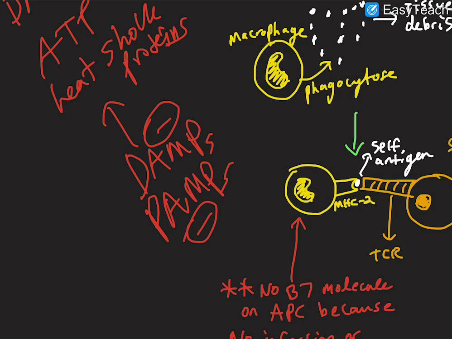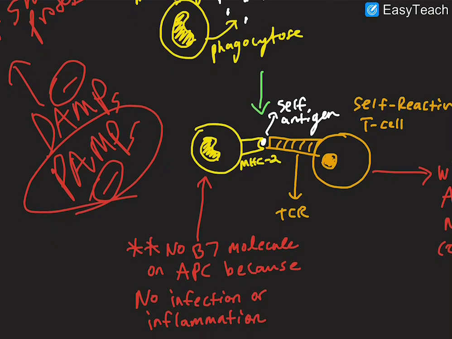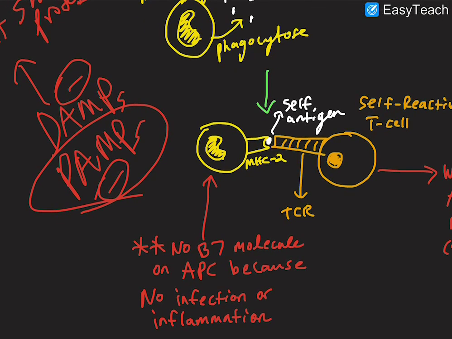If you had something like a gram-negative bacteria, we would see lipopolysaccharides. That would be another example of pathogen-associated molecular patterns that can activate your antigen-presenting cells like your macrophages and dendritic cells. But those are not present here because there's normal tissue turnover.